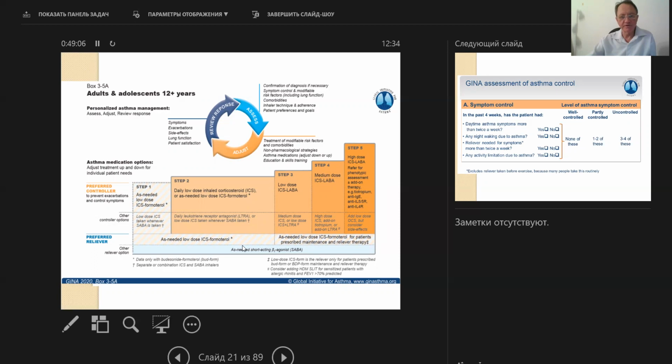Reduce the dosage of corticosteroids, because a high dosage of corticosteroids carries a high risk of, for example, pneumonia, and a high risk of changes of the so-called microbiome of the respiratory tract, increased detection of pneumococcus in sputum. That's why the first step is to diminish inhaled corticosteroids to medium dosage, inhaled corticosteroids plus LABA.